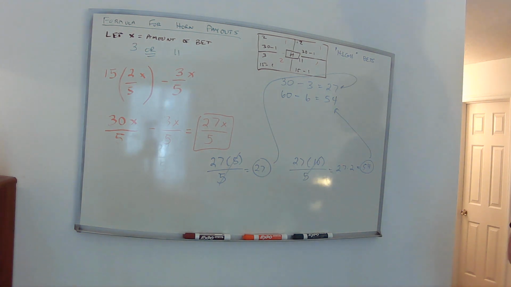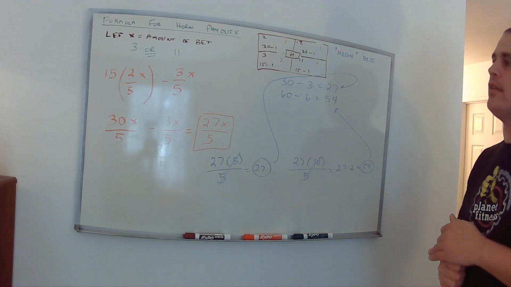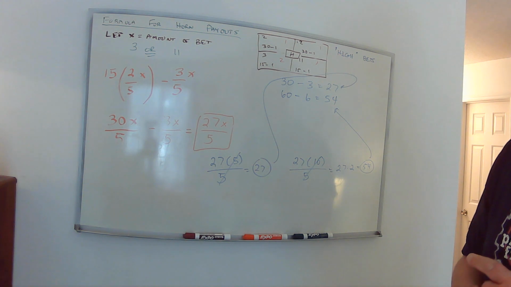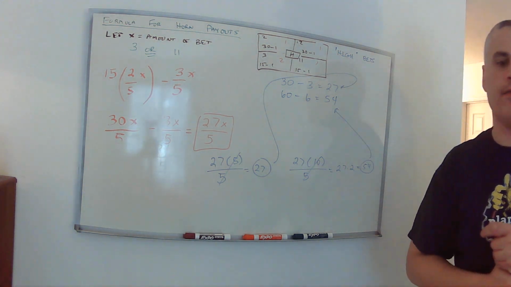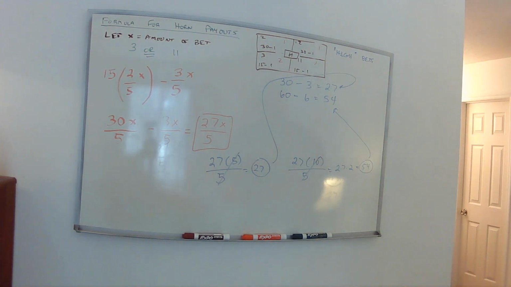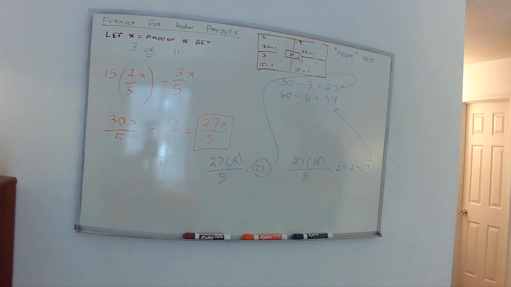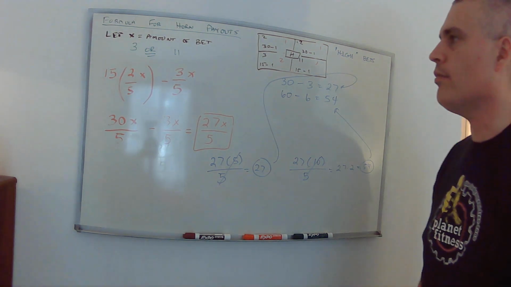So you see the formula does work out. Again, it assumes that we're betting in increments of 5 and choosing a high number for one of them.